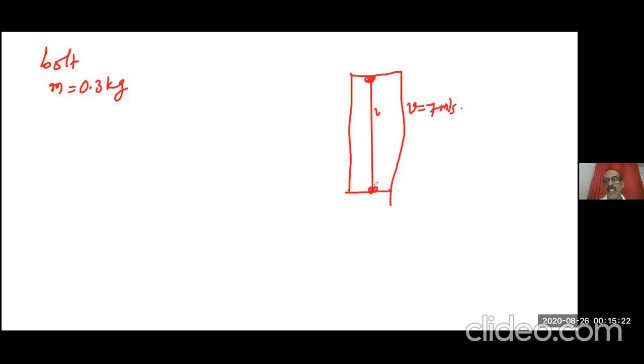If the bolt hits the floor of the elevator and does not rebound, it means what?